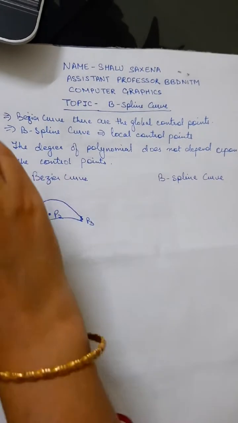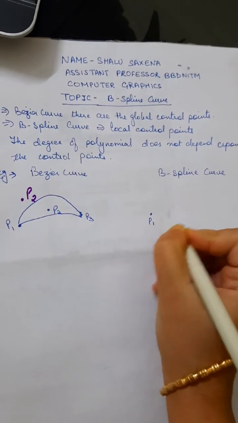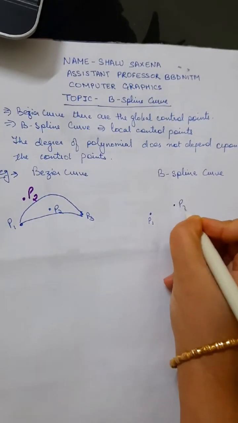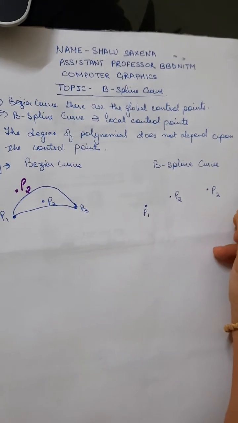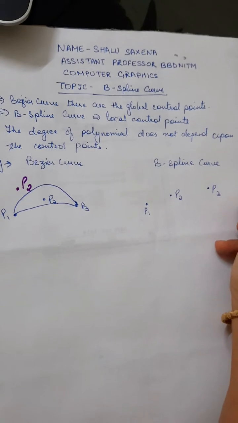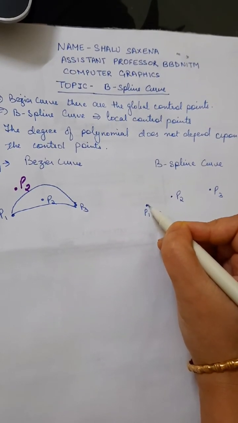So in B-spline curve, suppose we are taking the points P1, P2, P3, P4. So our curve is going to be like this.